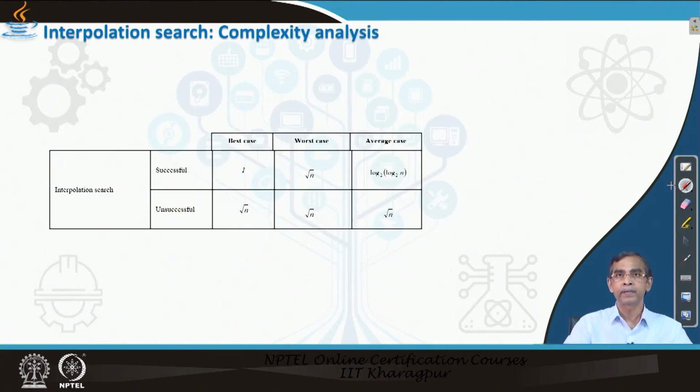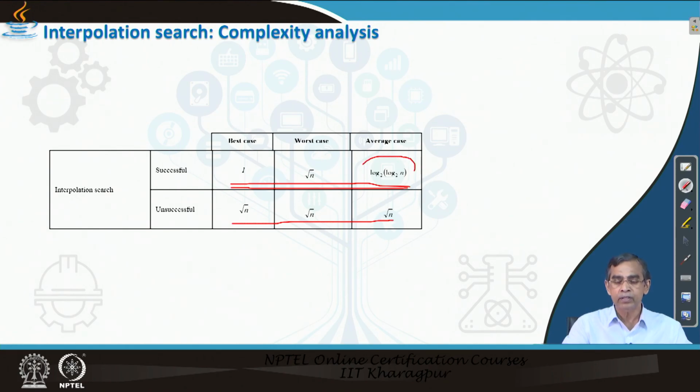So far as the complexity analysis is concerned, you can follow any classic data structure book for the detailed discussion. If the element is present in the list, then depending on the best case, worst case and average case, the time complexity will be like this, and if it is unsuccessful then this is 1.